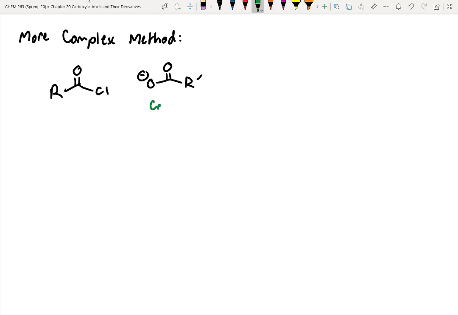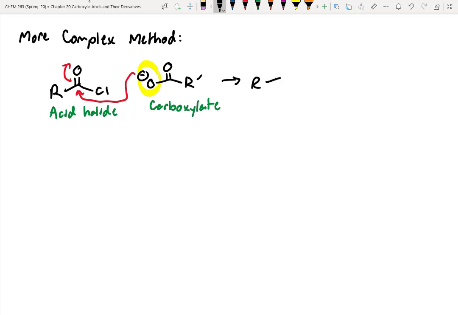If you remember, a carboxylate is defined by having a negative charge, meaning we've deprotonated a carboxylic acid using some simple base. And then we just need our acid halide. As you can imagine, this negative charge can attack in and kick up electrons. We would get a negative charge on that oxygen, and then in our next step, we can just kick off chloride as our leaving group.